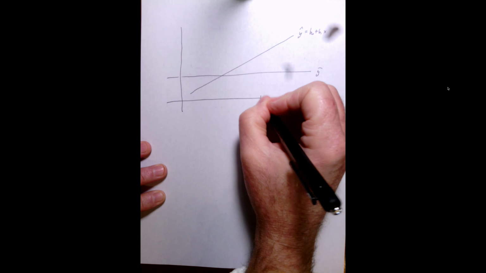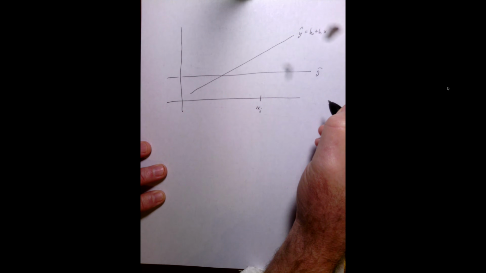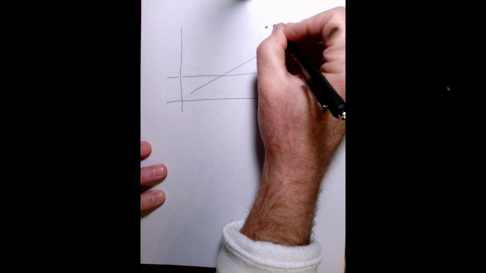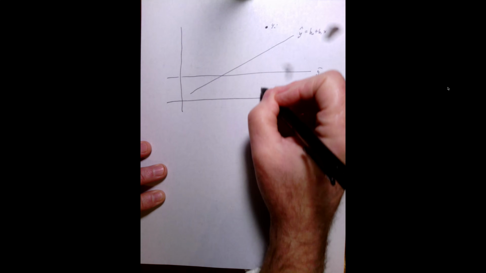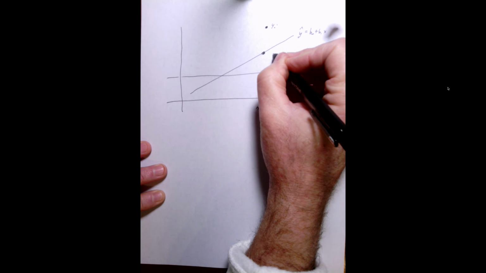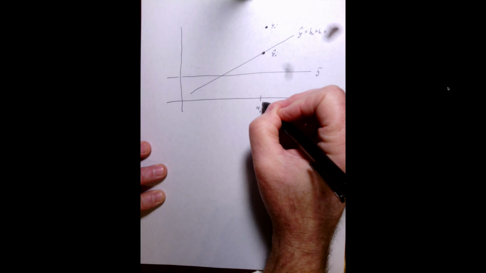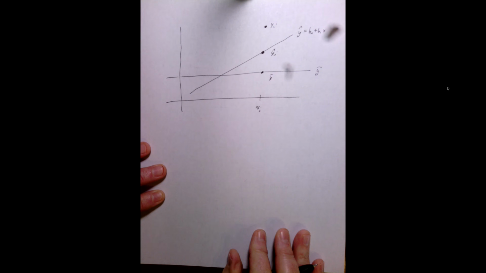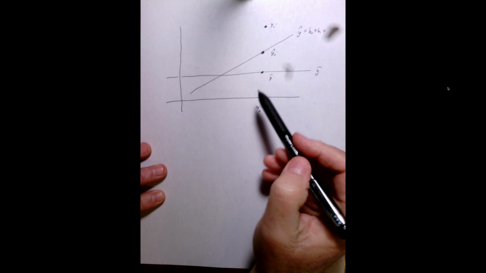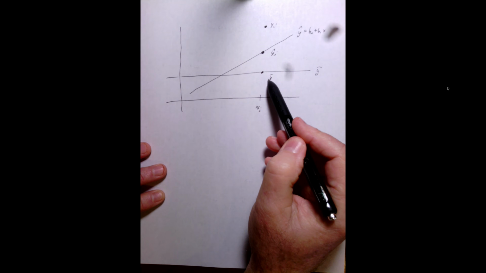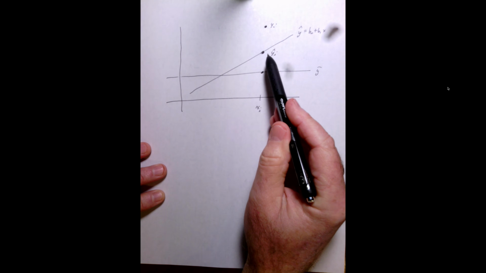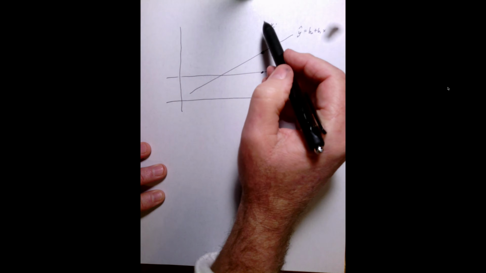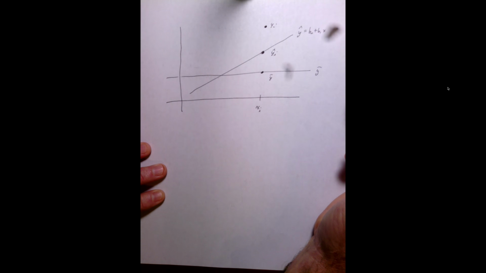And let's just choose this for some x sub i, and let's say that we have an observed y sub i right here. So for this x sub i, we have a predicted value, and we have, of course, the mean. So you can think about these as 3 points: (x sub i, y bar), (x sub i, y hat sub i), and (x sub i, y sub i). Again, don't lose sight, this is the observed value.